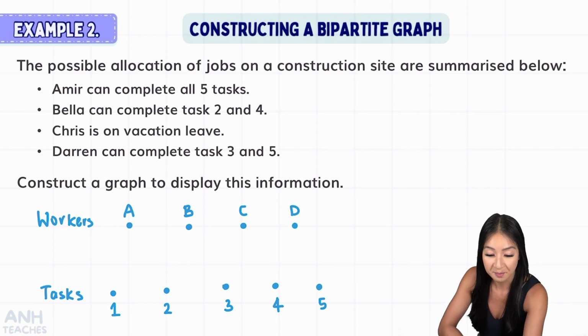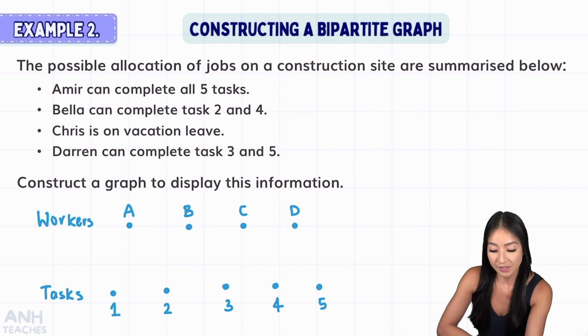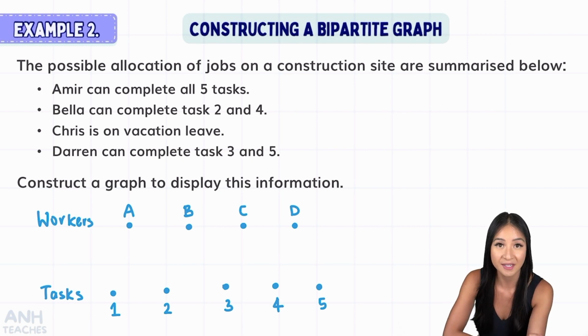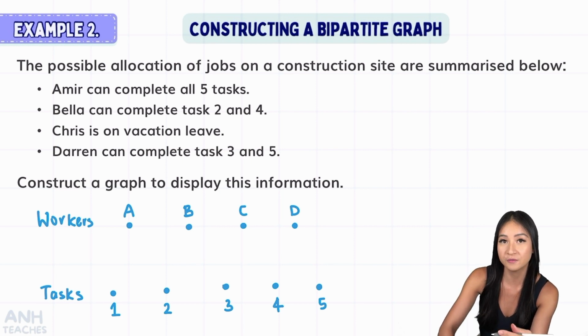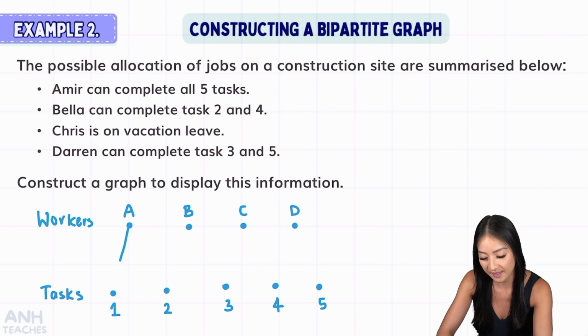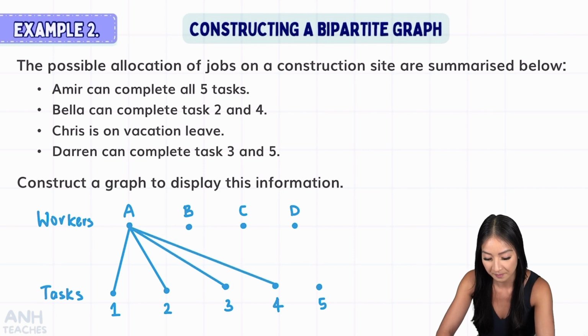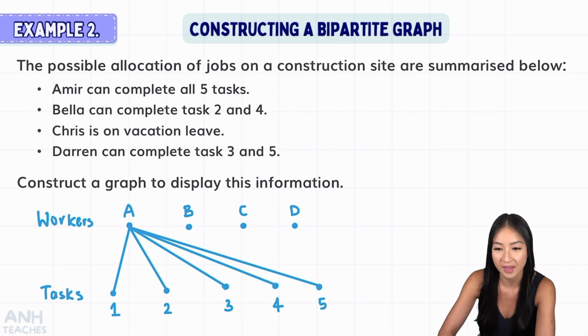Now I need to add my edges in. So starting from the first dot point, Amir can complete all 5 tasks. That means that I'm going to connect Amir to every single vertex in my second group.